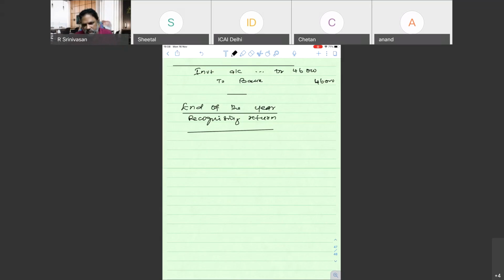Just increase the investment. No fair value will be considered, and whatever the profit is coming, just add it to that. This is what we'll be doing.